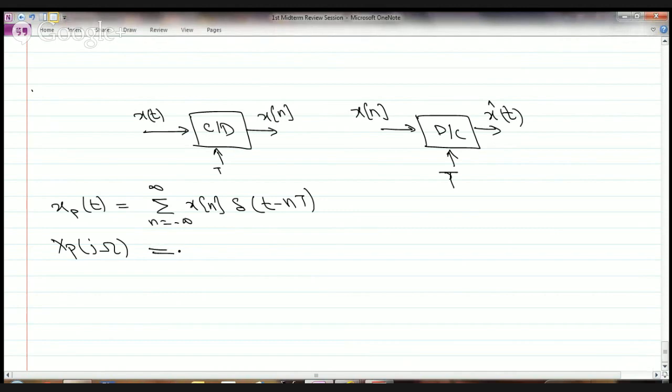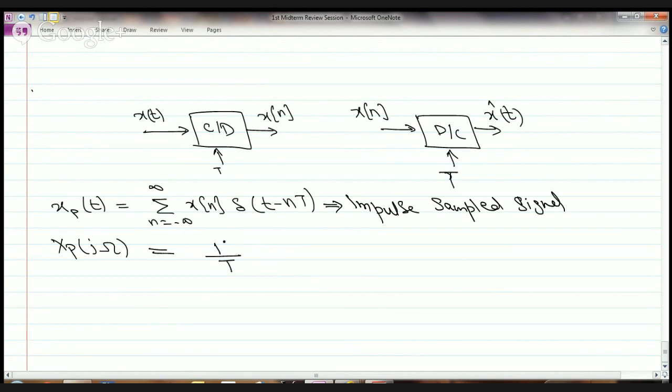In class, this is what we call the impulse sampled signal, right?